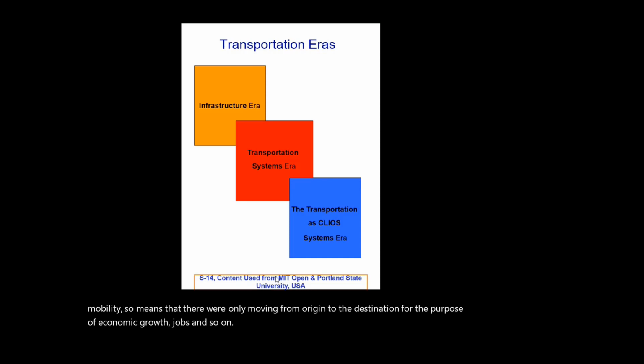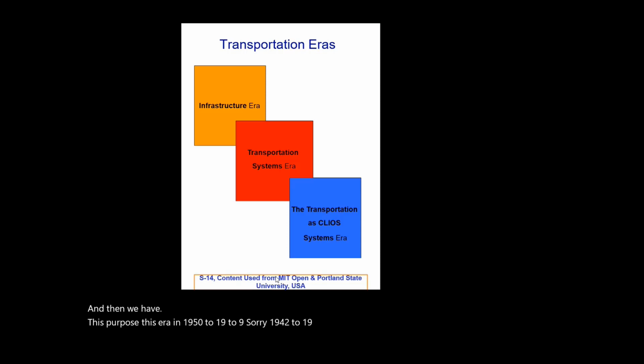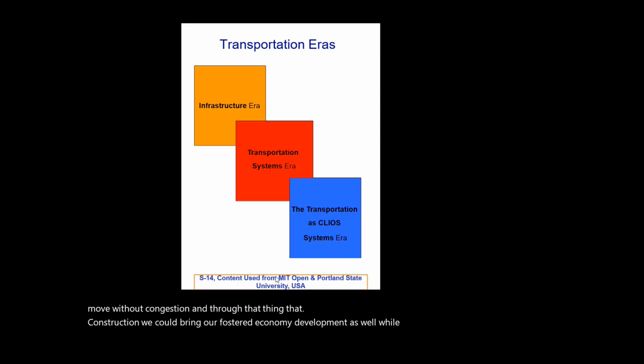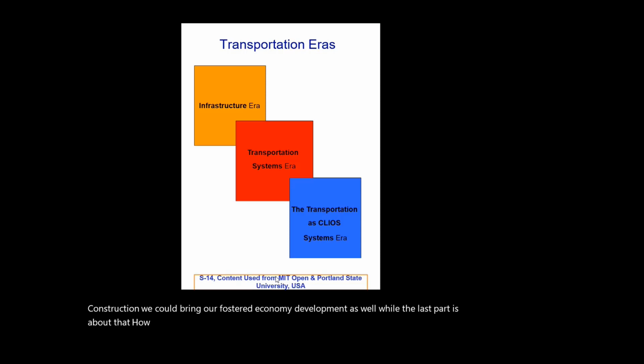Then in this era, from 1942 to 1960, the question was how we can move without congestion, and through that construction we could also foster economic development. The last part is about how different modes could be connected, such as airports, railways, and so on.